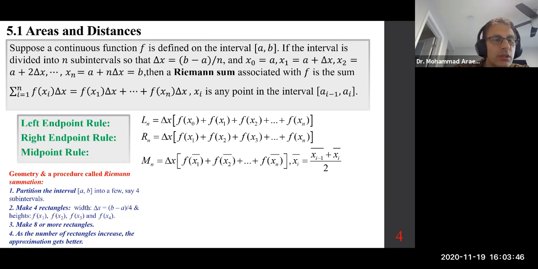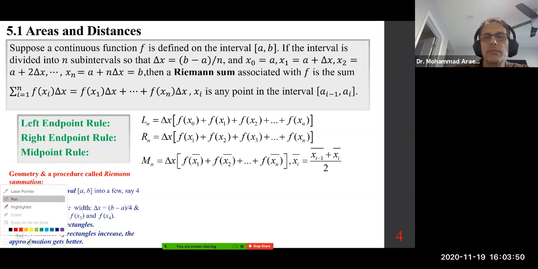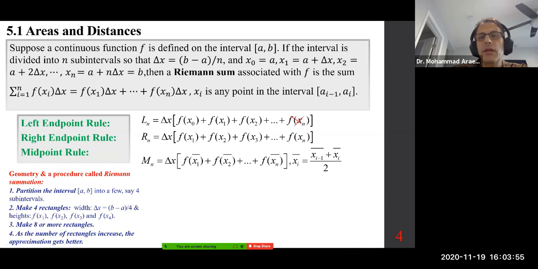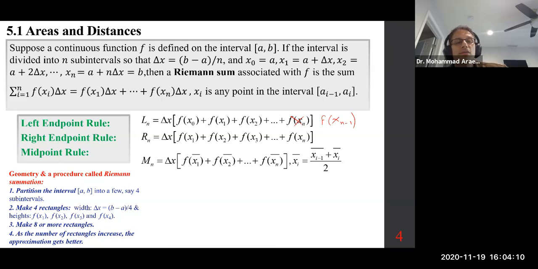And R sub n is delta x times f of x sub 1 to f of x sub n. Delta x for all of them is the same. It is the height that would be different. And for the midpoint, somewhere in between, you add the 2 endpoints up and divide by 2.